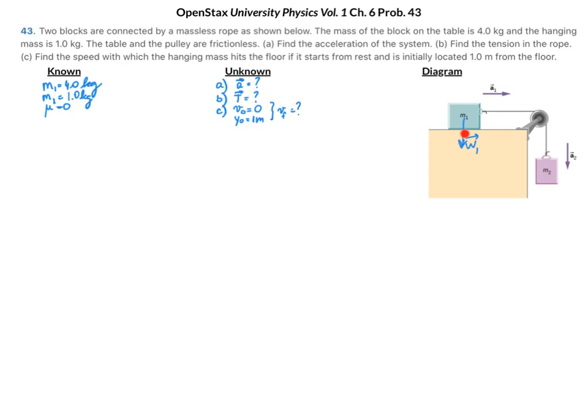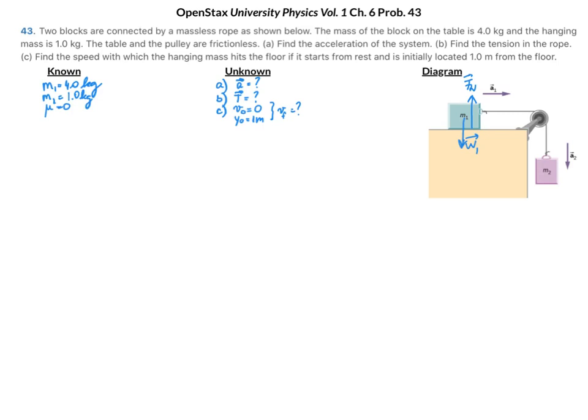So that means that this table will exert a force upward on M1 to balance the weight that the Earth acts on it with. So there is a contact force between the table and the mass, and we call that the normal force. So I have now the weight and the normal force on mass 1.